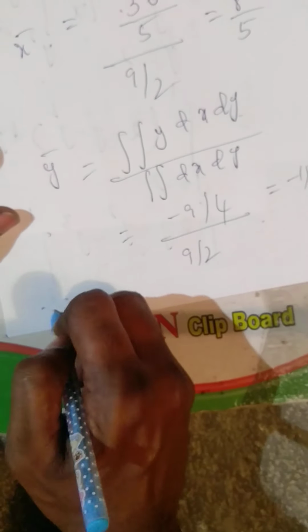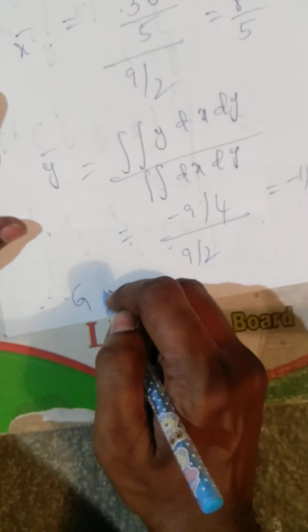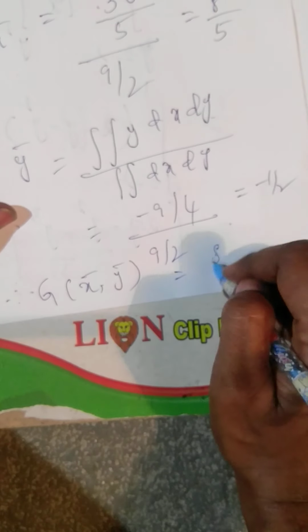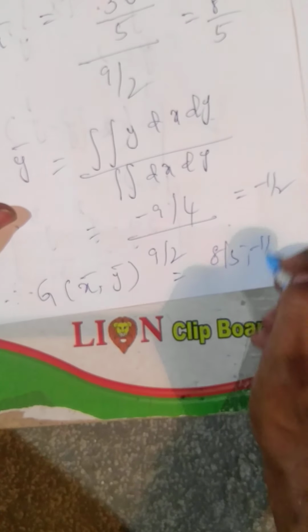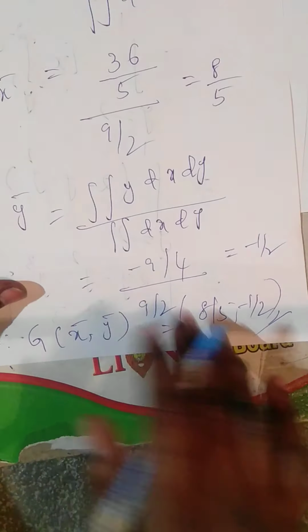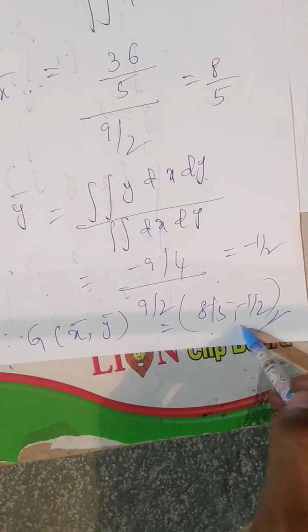Therefore the center of gravity of the plane lamina OAB is given by G of x bar comma y bar equals 8 by 5 comma minus 1 by 2. This is the center of gravity of the lamina OAB in this question, the required answer. Thank you.